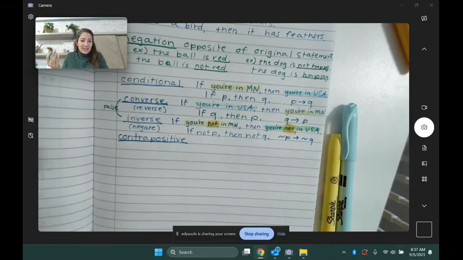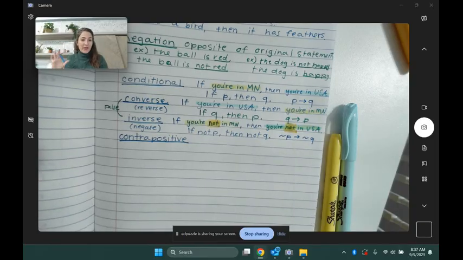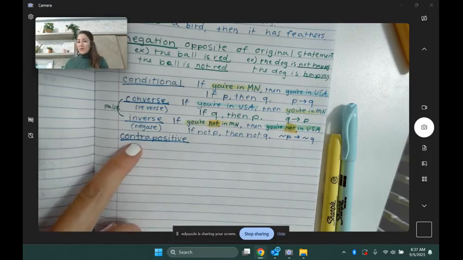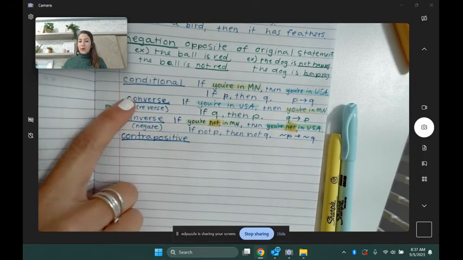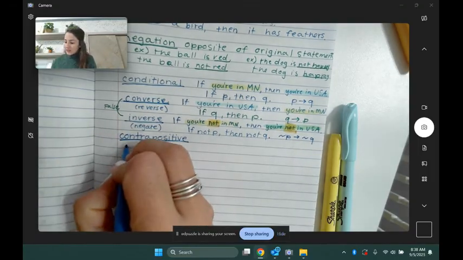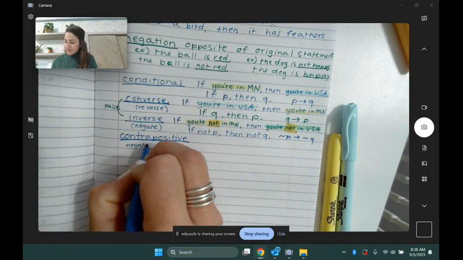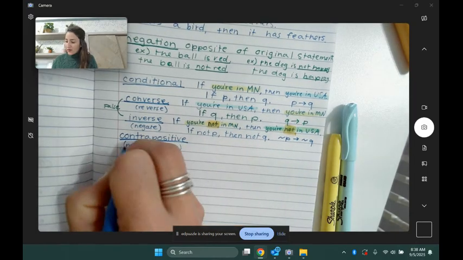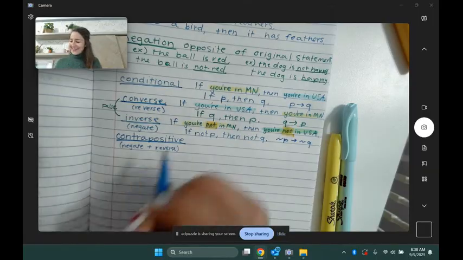To contradict something is to disagree with it or oppose it. So a contrapositive is both a negate and a reverse.